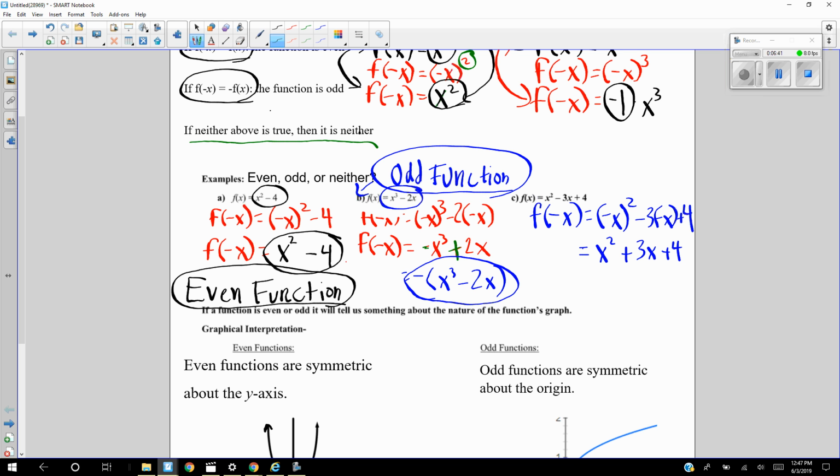For it to be even, it's got to be exactly the same as the original function, and it's not exactly the same. Are all the terms opposite? Well, x squared is positive here, and it's positive here, so we're good there. Those aren't opposites, and that's what odd functions are. The only term that's actually opposite is negative 3x and positive 3x. So this one's not odd, this one's not even, so we're just going to say neither.